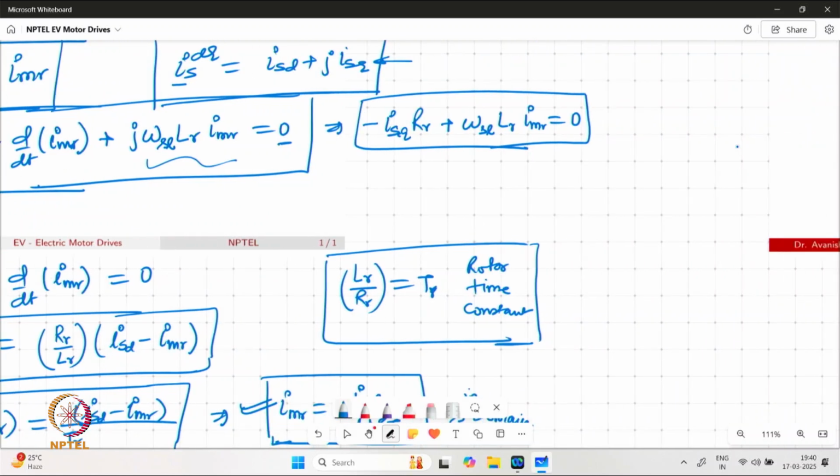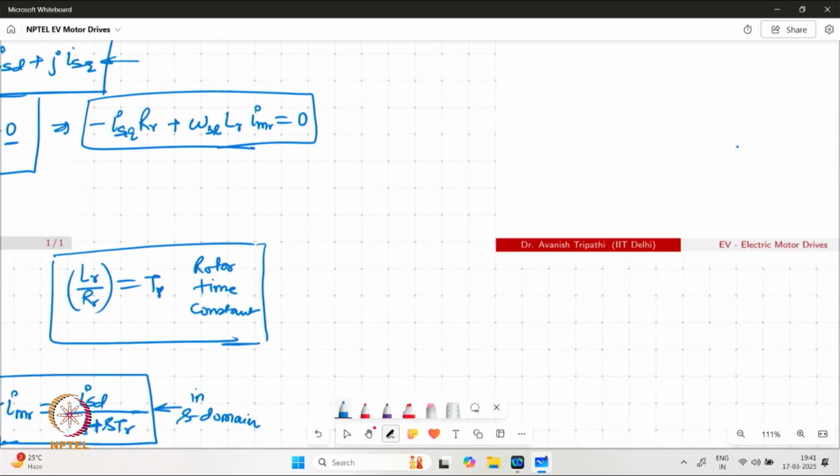Now if we rearrange and write this, this is essentially giving us information about the slip speed in the machine, which is actually proportional to ISQ, inversely proportional to IMR, and the rotor time constant.